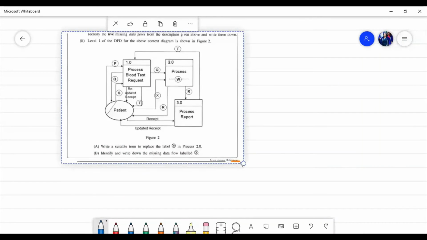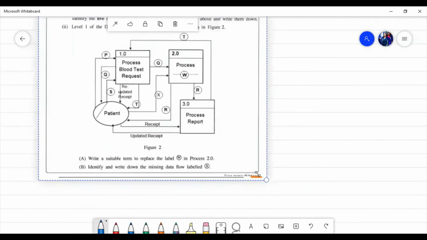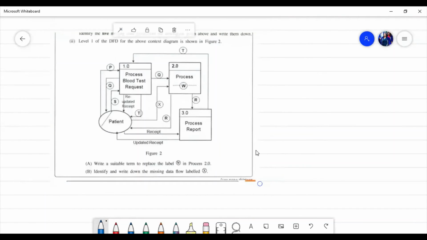And the next one, the continuation. We need to have the question as well. Let's take the question. Level 1 of the DFD for the above context diagram is shown in figure 2. Now they have divided the things into 3 processes, and we can see the patient. We understood what these P, Q, R, S and T are.